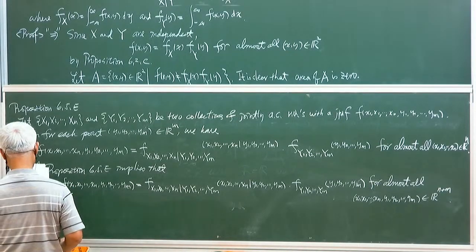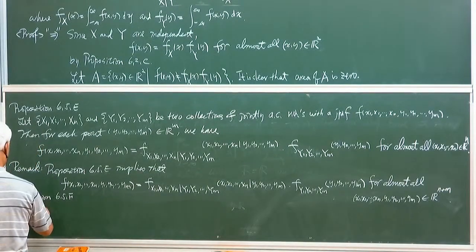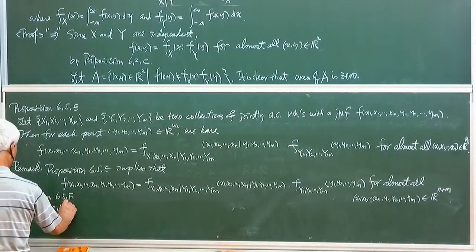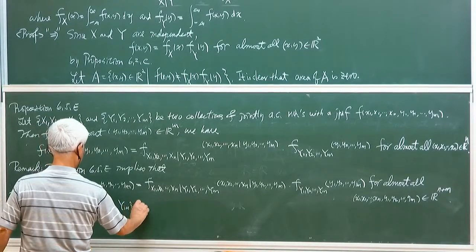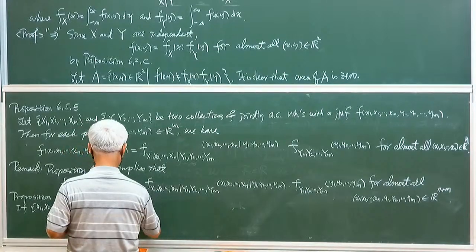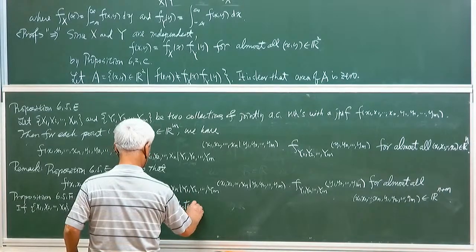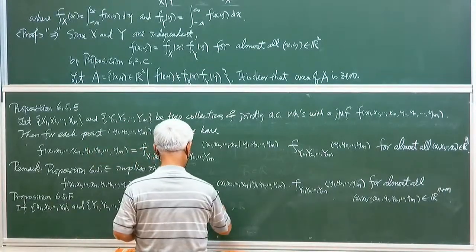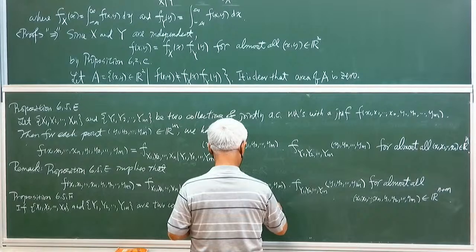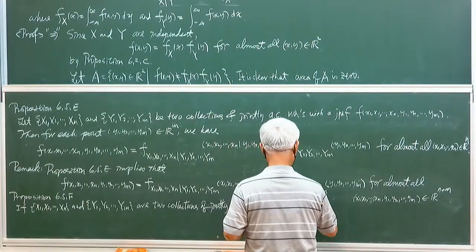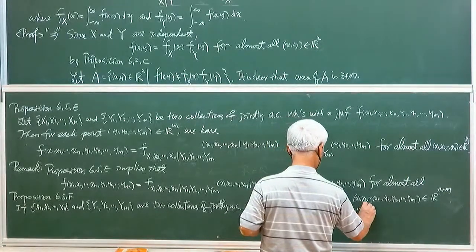All right, so if x1, x2 up to xn, and y sub 1, y sub 2 up to y sub m are two collections of jointly absolutely continuous random variables with a joint PDF f of x1, x2 up to xn, y1, y2 up to ym.